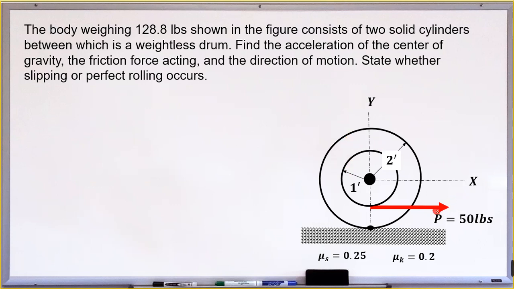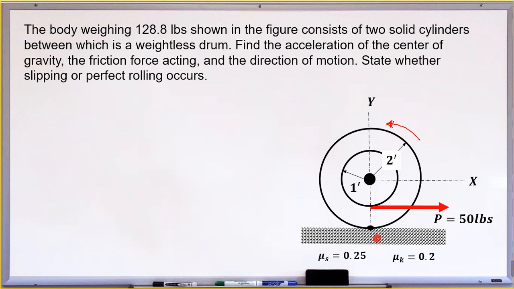Now we have here an applied force P, applied tangent to the circumference of our weightless drum. So if we apply a force, we are expecting that these two solid cylinders will rotate in a counterclockwise direction.